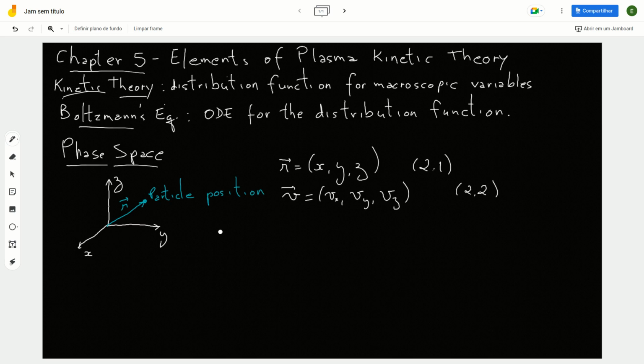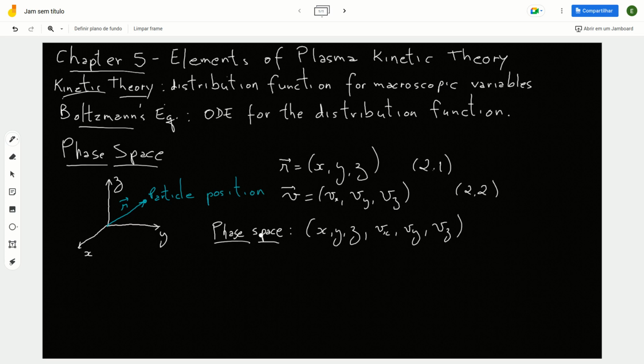So for our phase space, we will adopt a six-dimensional phase space. The first three dimensions represent position, and the following three represent velocity.